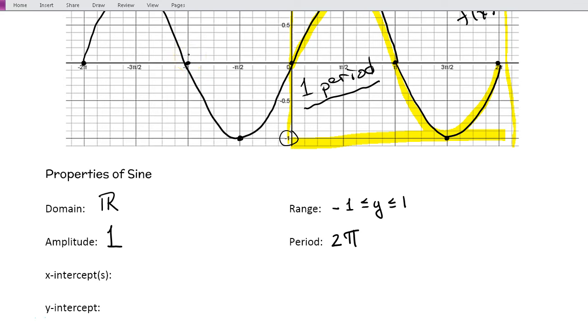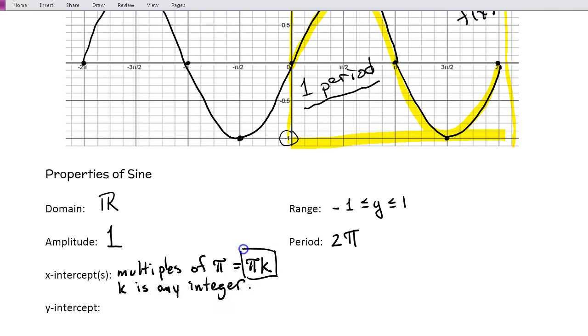So basically, the x-intercepts are at multiples of pi, or we can write this as pi k, where k is any integer. Normally we would just write the intercepts as pi k, and that would tell us every multiple of pi, so k would be 0, 1, 2, or -1, and that would give us all our intercepts.